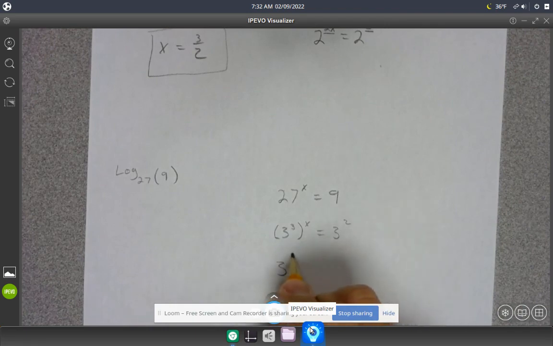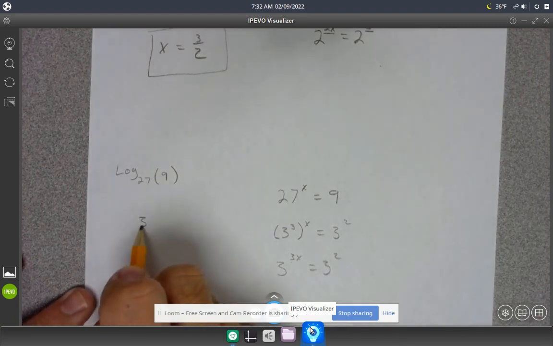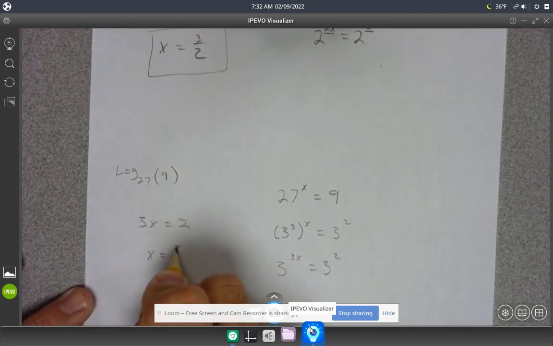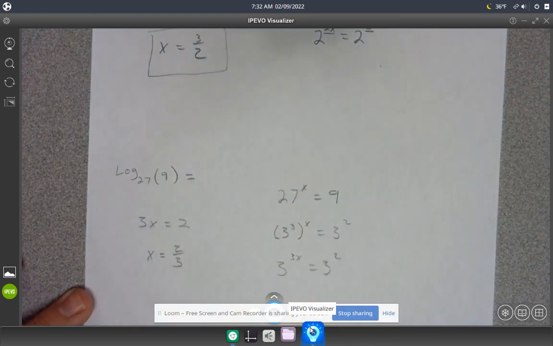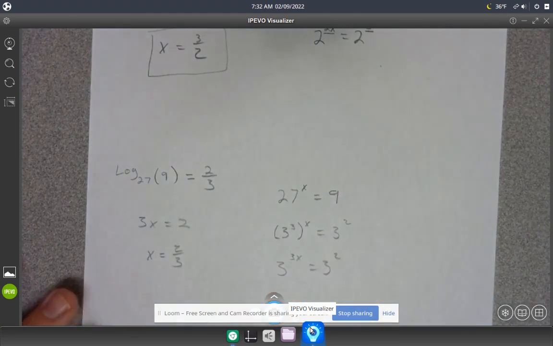This will be 3 to the 3x. All right, and now you can set these exponents equal to each other because the bases are now equivalent. 3x is equal to 2, so x is equal to 2/3. All right. So log base 27 of 9 is 2/3.